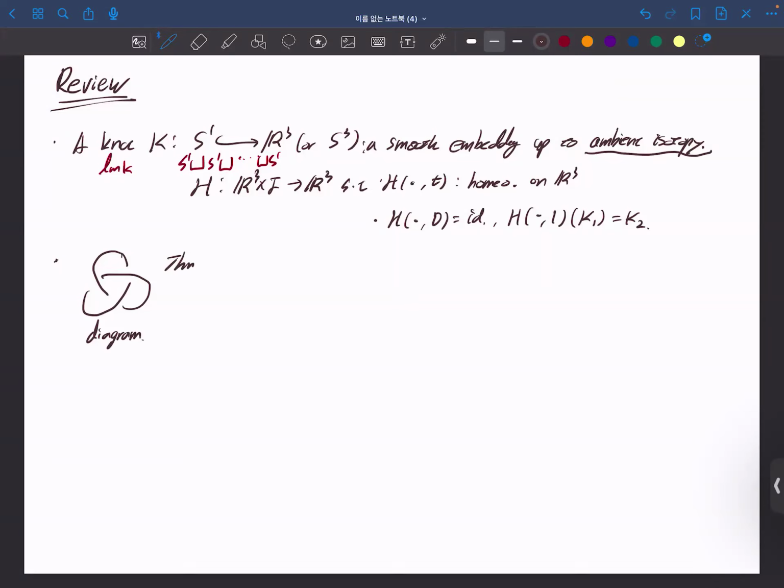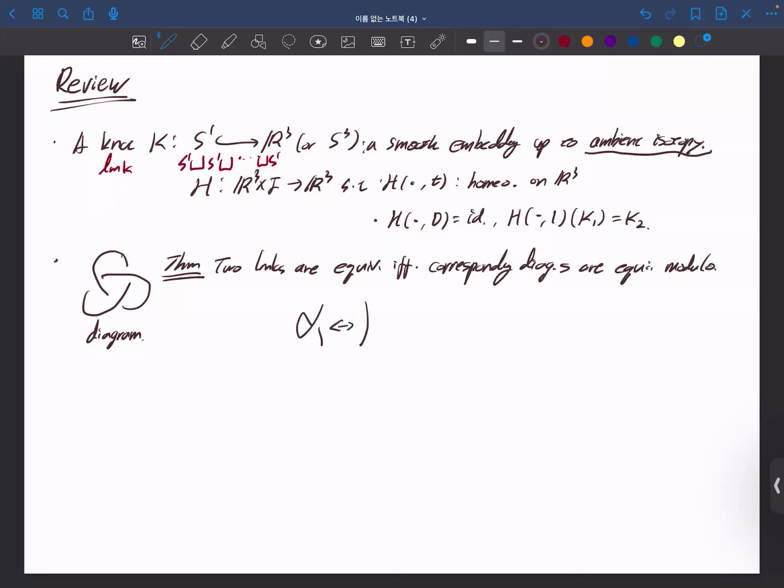And by theorem, two links are equivalent if and only if the corresponding diagrams are equivalent modulo three local moves, called Reidemeister moves.